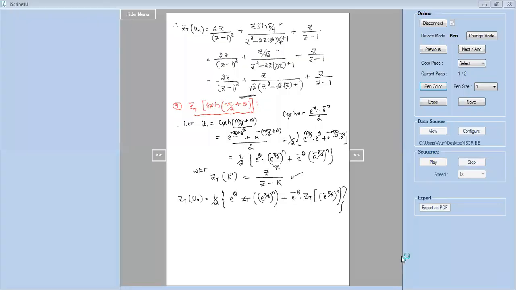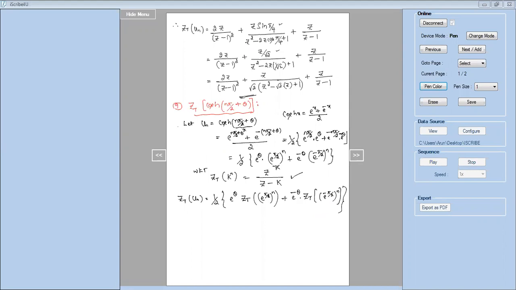Let us continue now. I am taking the Z transformation for this term, and the Z transformation for this one. So we have taken the Z transformation of n terms. Now let us apply this formula. It looks like k power n, and for k power n, you know the formula, Z by Z minus k. So k means e power i pi by 2 for this term, and for this term k is e power minus i pi by 2.